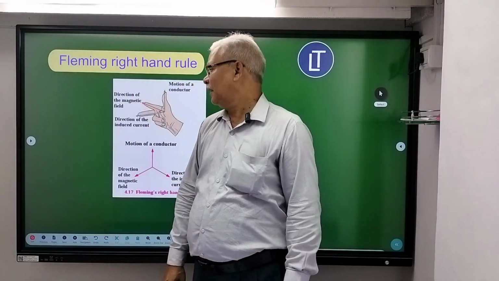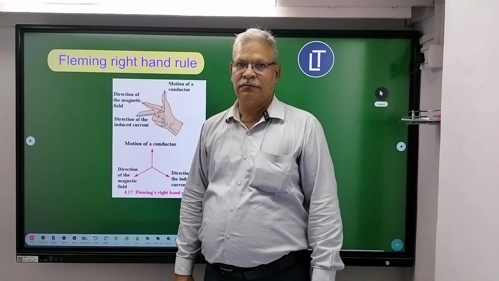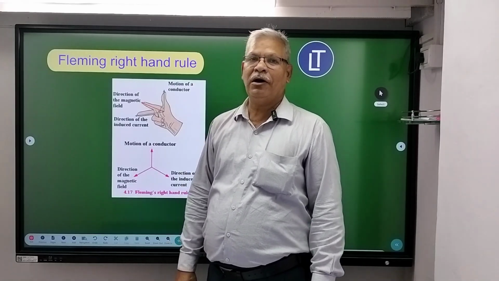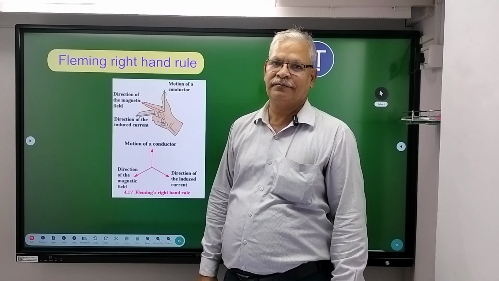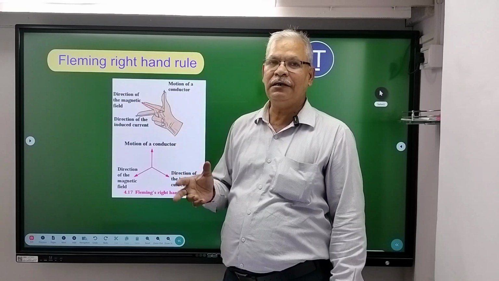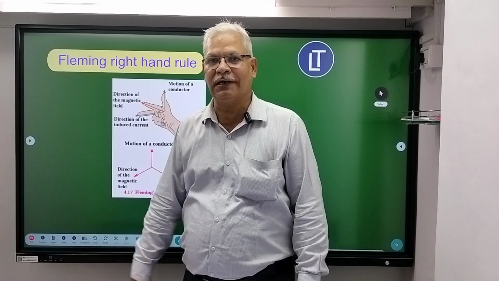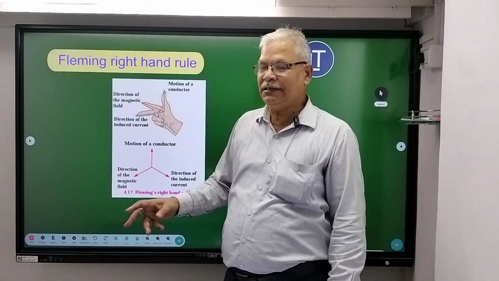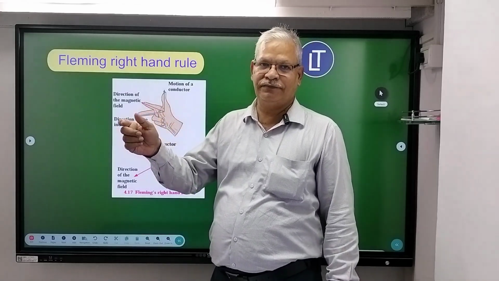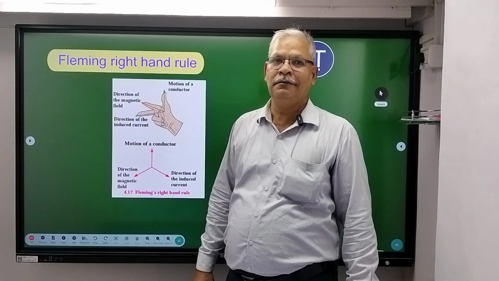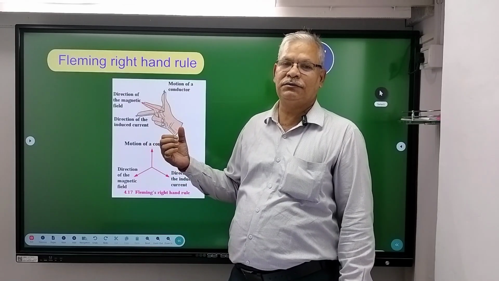Now see here, you have learned about the Fleming left hand rule that tells us about the force exerted on the current carrying conductor, means the magnetic field, the electric current and force exerted on the current carrying conductor. Here the magnetic field, the direction of motion of conductor and the direction of the induced current.